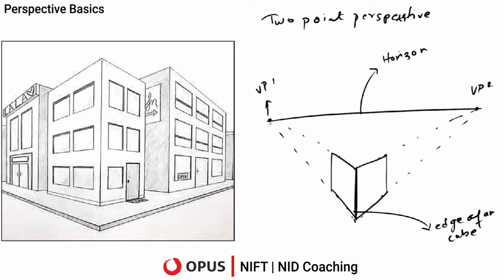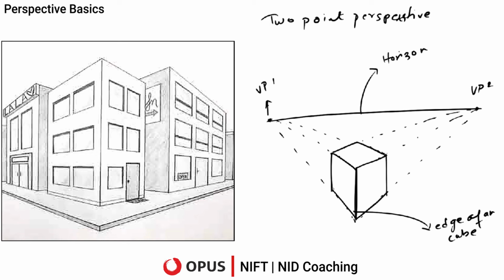Again, from these two points, if you extend the line from both of these ends, it will give you the rough top portion of the cube itself.